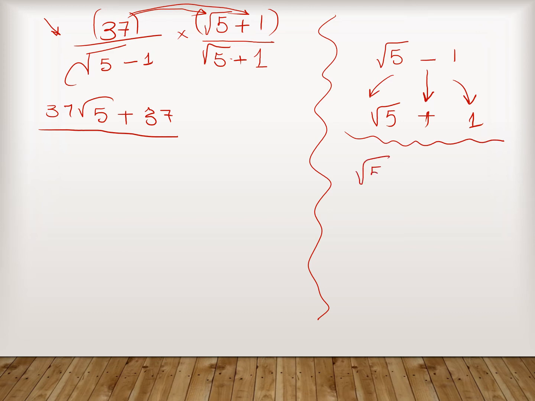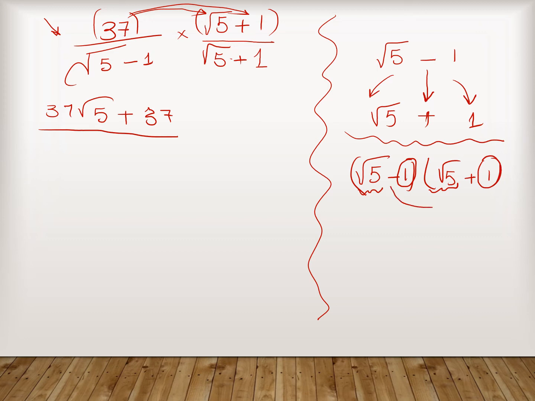Now let's check the denominator. In the denominator, square root 5 minus 1 and square root of 5 plus 1 are written. What have you noticed? The first terms of both the brackets are the same. Similarly, the second terms of both the brackets are the same.